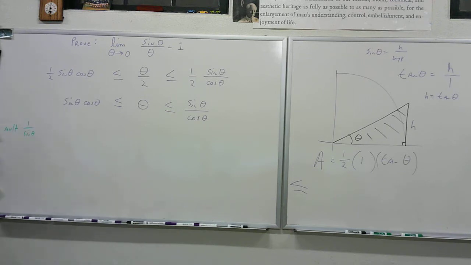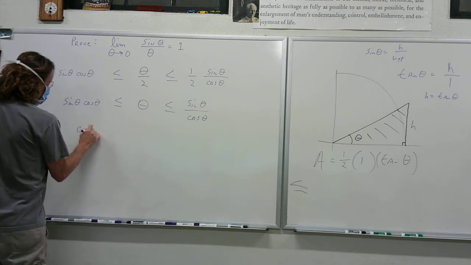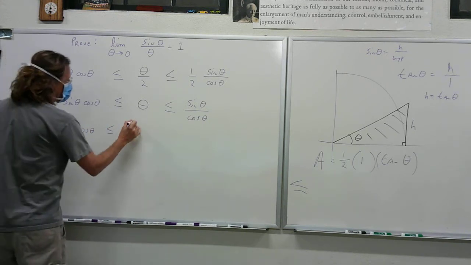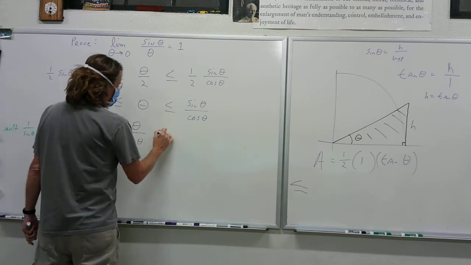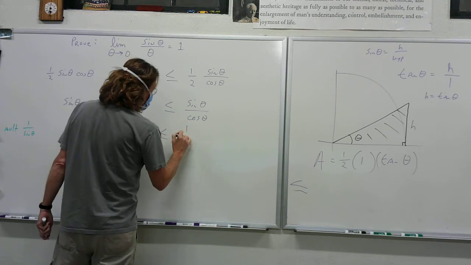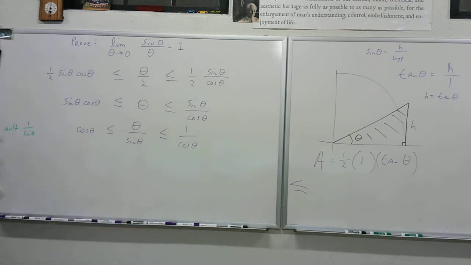And when I do that, I get cosine theta less than or equal to theta over sine theta, less than or equal to 1 over cosine theta. Tell me, why did I divide everything by sine theta? So you'll know what we were doing, why we were doing this, to do the proof. Why did we do that? I'll lean against the wall, you think. Why?